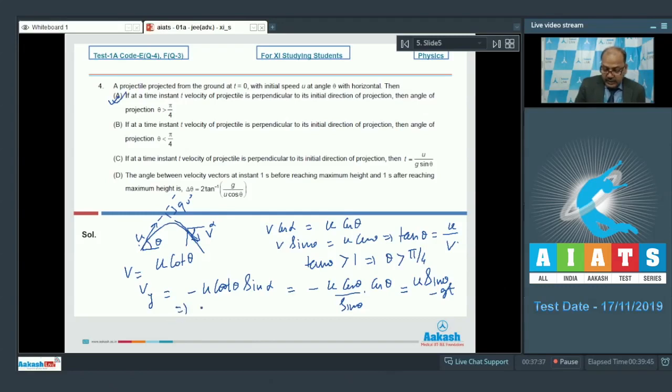If we solve for t, we get t is equal to u into sine theta plus cos square theta by sine theta, divided by g.